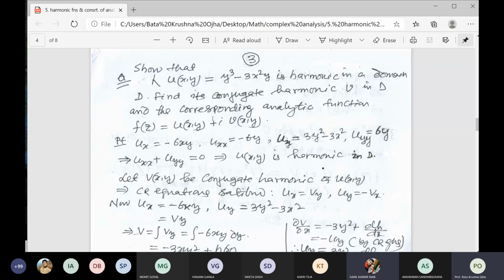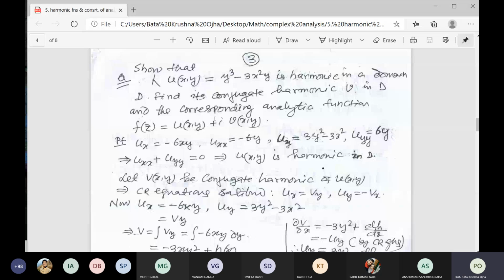Sir, I am sending two images. Please check whether it is correct or wrong. No, now it is not possible because I am taking the class. Sir, I am only sending it in the chat box. So where is the chat box? I don't know.